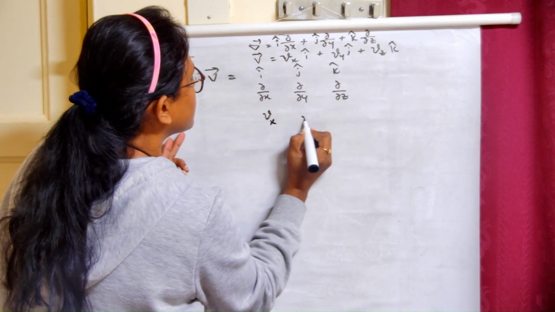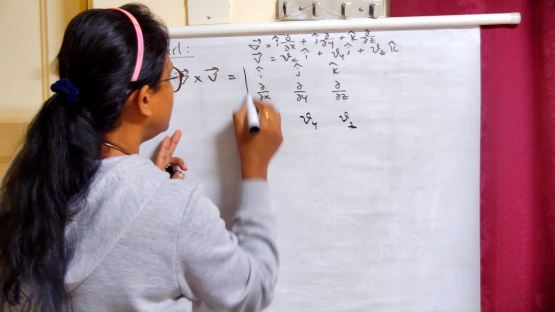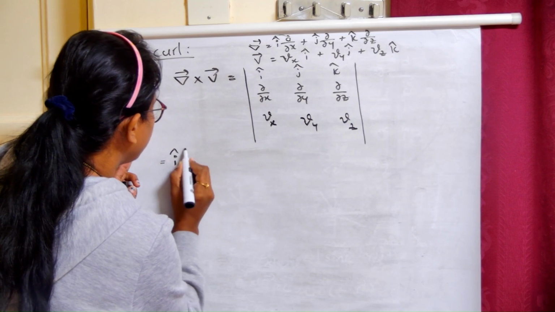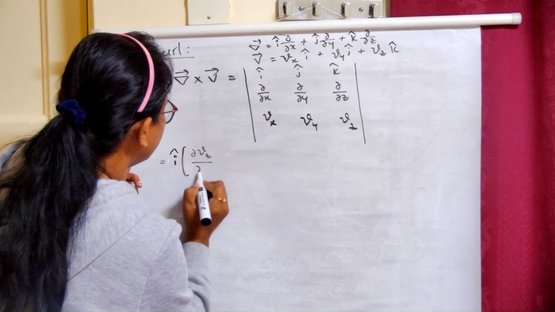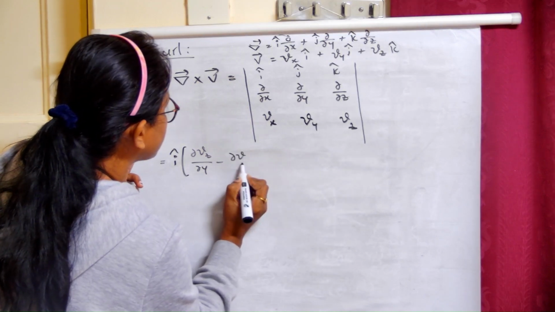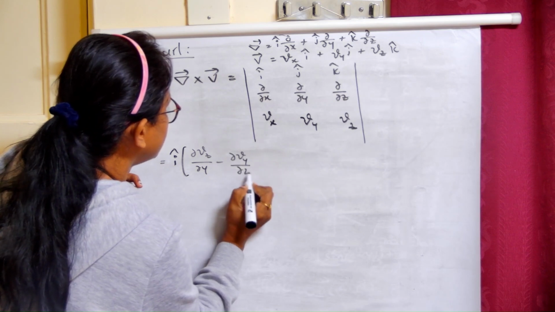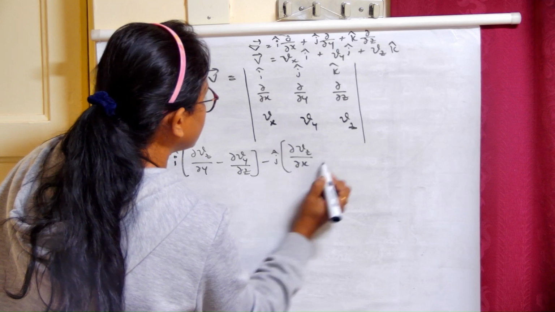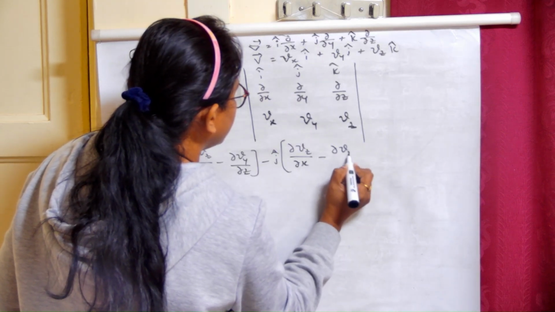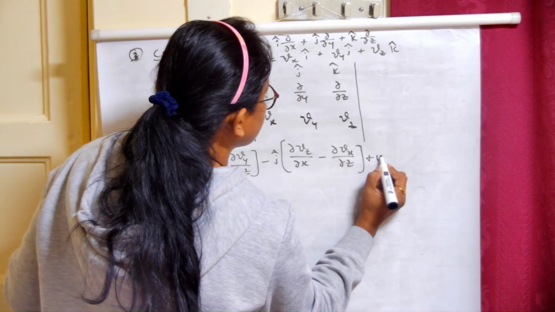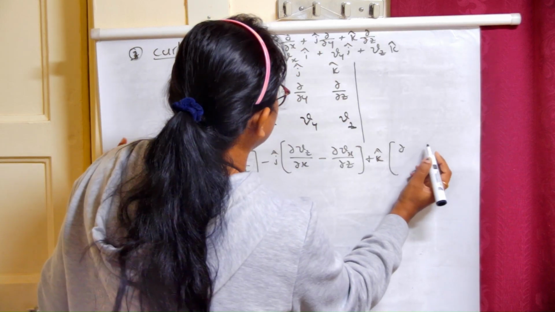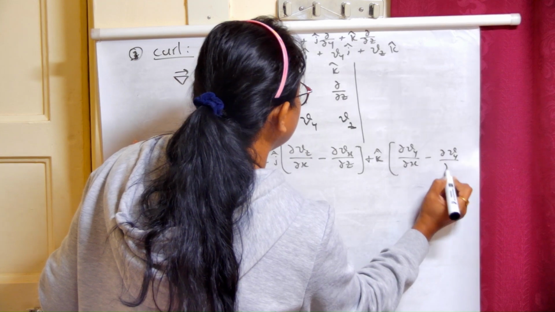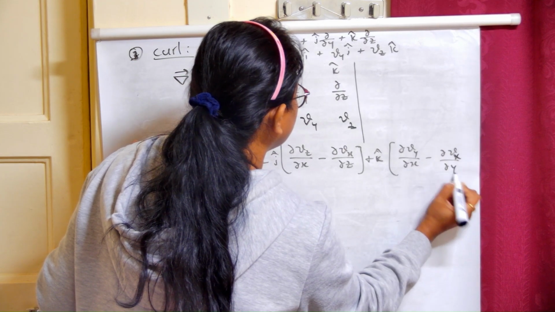Here we write the x component, y component and z component of the vector, and we take its determinant, which is nothing but i cap of dou vz by dou y minus dou vy by dou z, minus j cap of dou vz by dou x minus dou vx by dou z, plus k cap of dou vy by dou x minus dou vx by dou y.